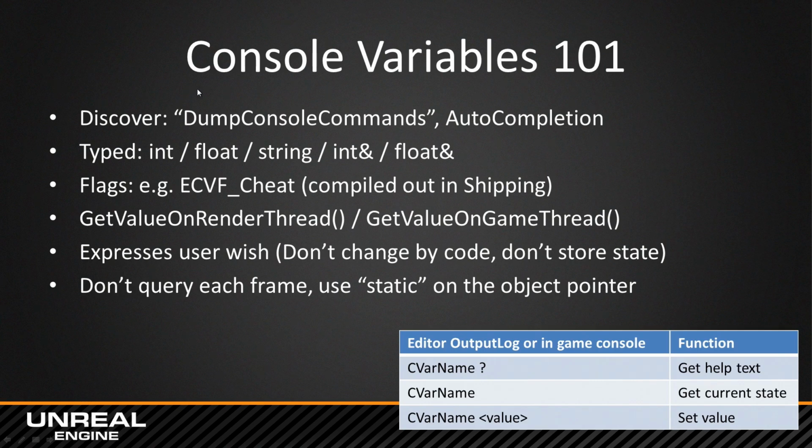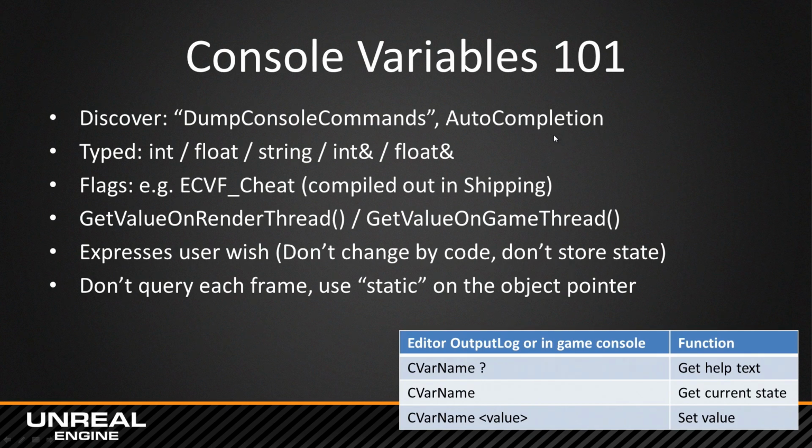Console variables, I mentioned them many times before, but I want to give you a short version of what to do with them. If you want to know all the console variables, you just type in dump console commands. That's a command which dumps all of them out, and you can then just try them and figure out what they do. There's an auto-completion which also helps you to find new console variables.